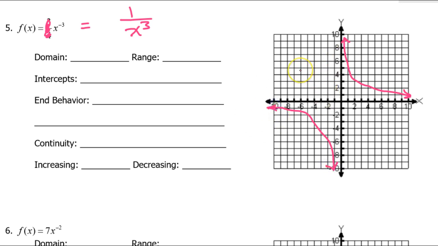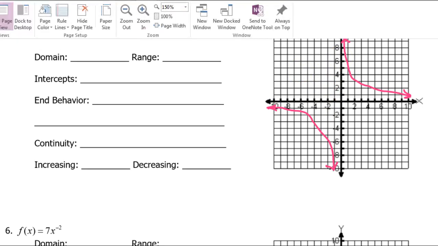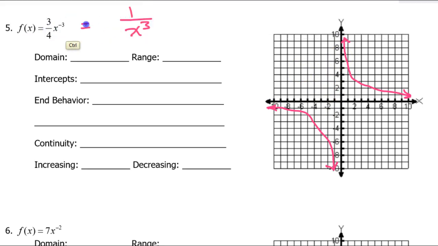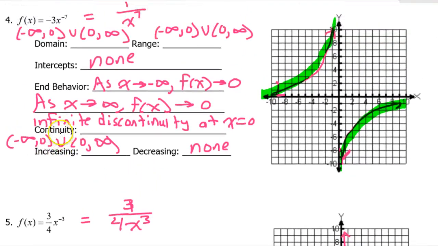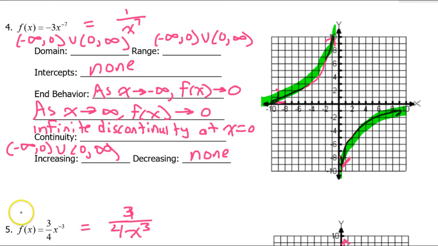Now, having it be a 3/4, well, that's just a vertical compression by a factor of 3/4. So that's really not going to change the shape of the graph. So the domain and range and such, it's going to be almost the same as the previous problem until we get to the increasing, decreasing part.